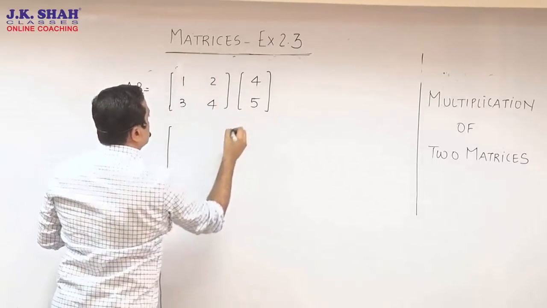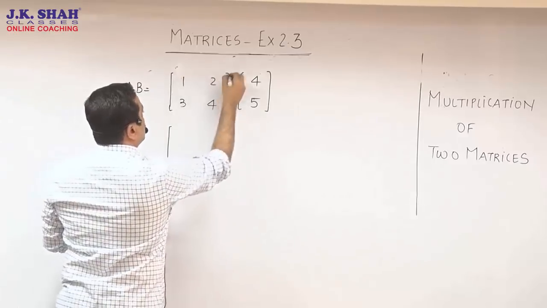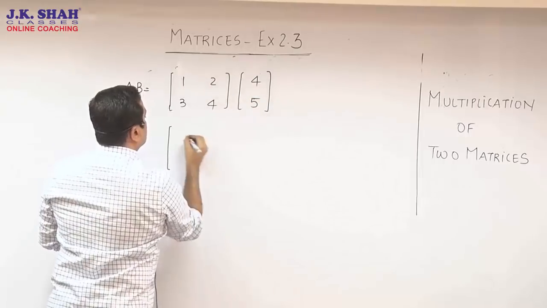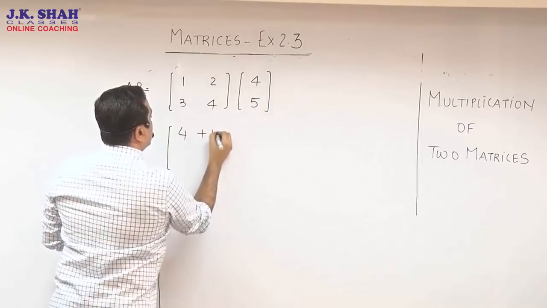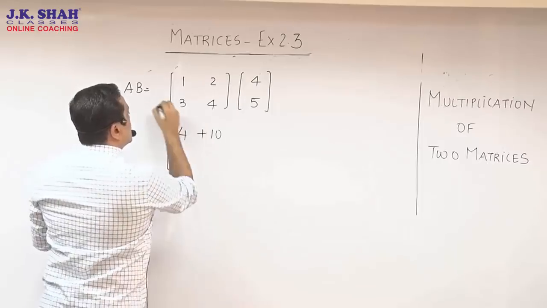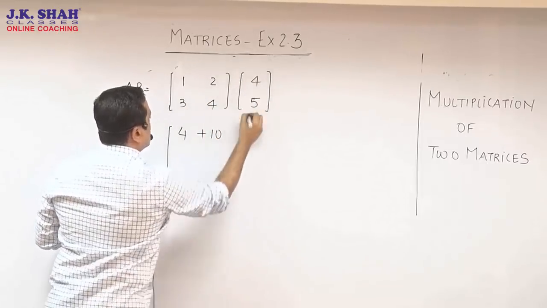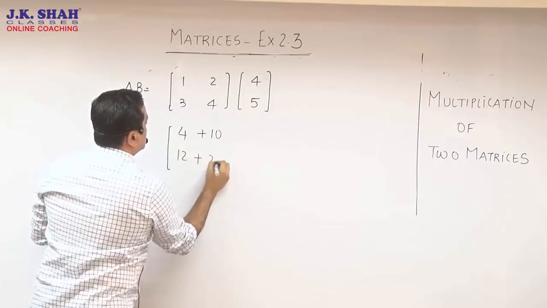So now, let's start. R1, C1. Just a minute ago I showed you how to multiply a row matrix with a column matrix. So apply the same method. R1, C1. So it's going to be 4 plus 10. R2, C1. 12 plus 20.